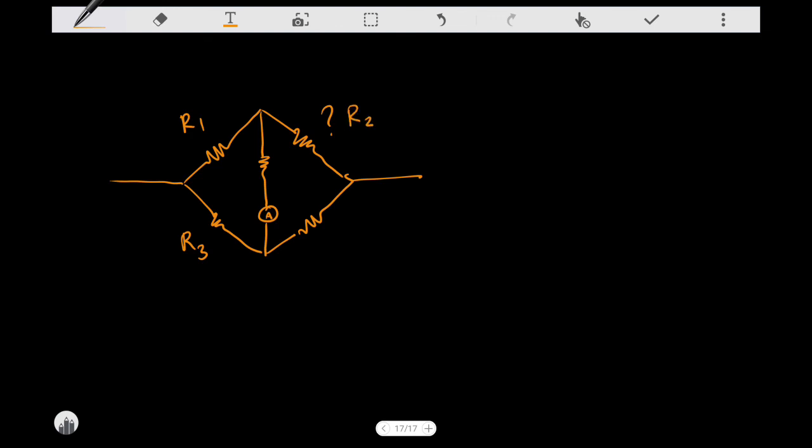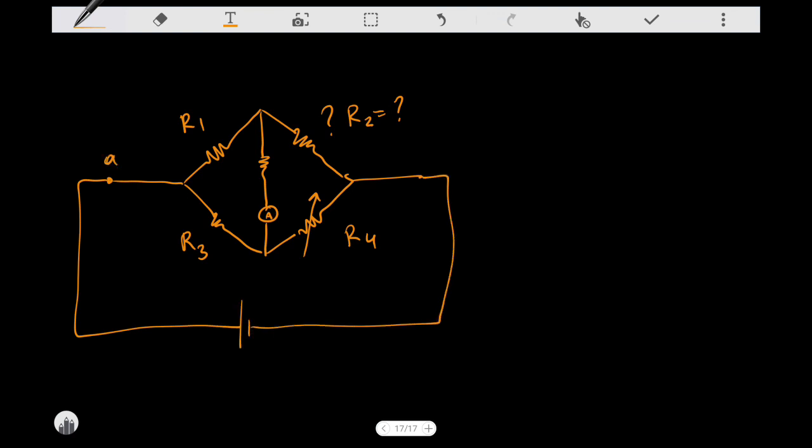This is R2. I don't know what it is. And R4 is a potentiometer, that is a resistor with an adjustable resistance. It doesn't matter what that fifth resistance is, as we know, but there's a device in here that measures the current that flows from that branch. Right? What we do is we just connect these A and B points. This is A, this is B, to a battery.